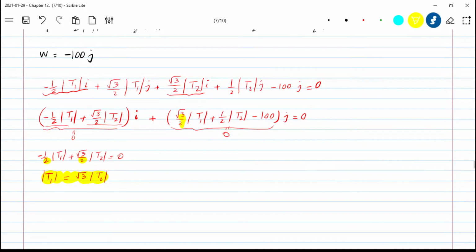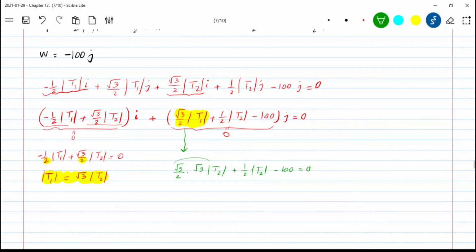And now into this part, instead of magnitude of T1, I can replace root 3 magnitude of T2. So here I'll replace root 3 over 2 times root 3 magnitude of T2 plus 1/2 magnitude of T2 minus 100 equals 0.